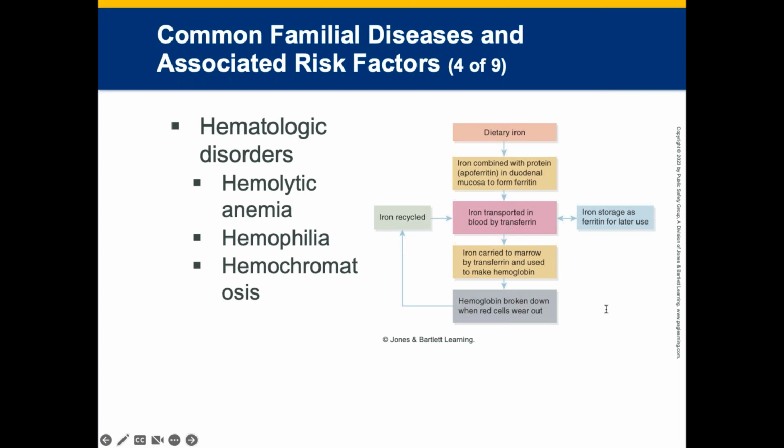So they're going to be taking, I want to say it's like factor 8 is one of the factors that they're missing within the hematologic disorder for hemophilia. Hemochromatosis is an inherited disease by which the body absorbs more iron than is needed. Patients that have hemophilia, a lot of times they have a history of it or they actually know they're hemophiliacs, right?